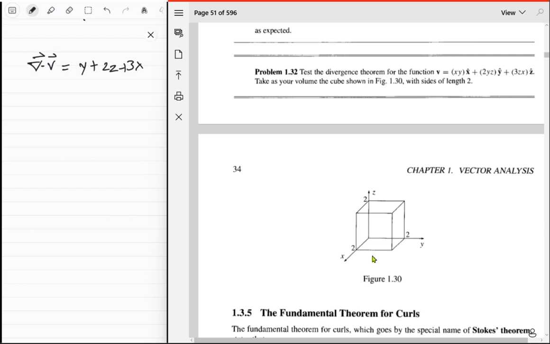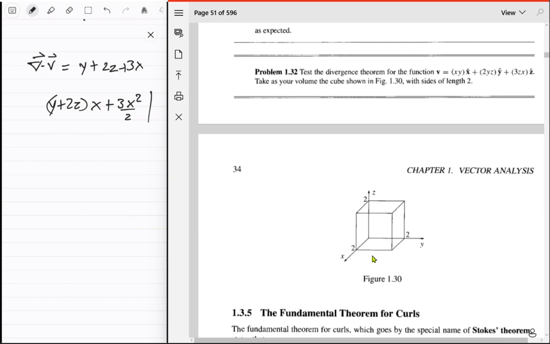First we integrate with respect to x. You get (y plus 2z) times x plus 3x squared over 2.